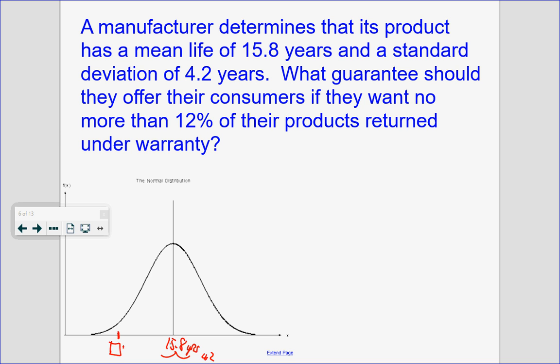So this is what we want to know. We want to know what the warranty is going to be because they want to make sure that only 12% are returned. They don't want to have to replace more than 12% of their products. So 12% is 0.12.